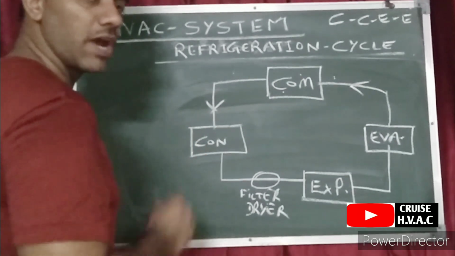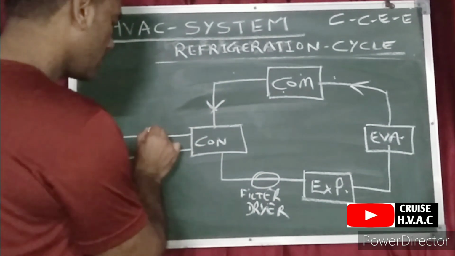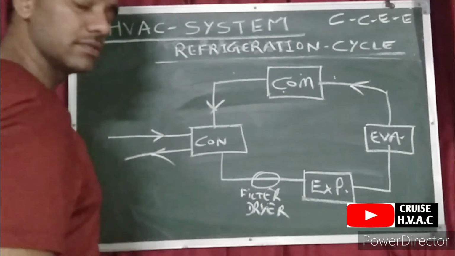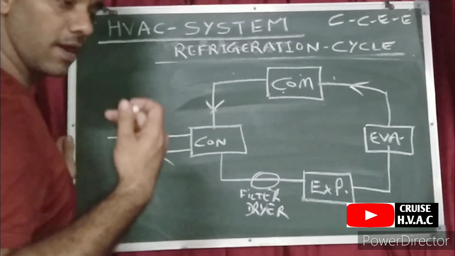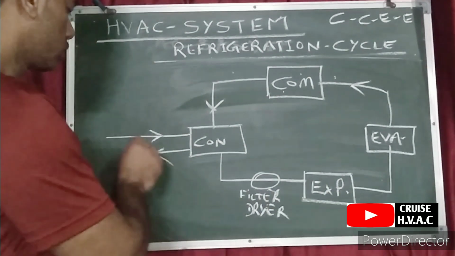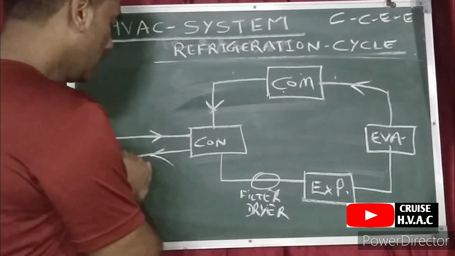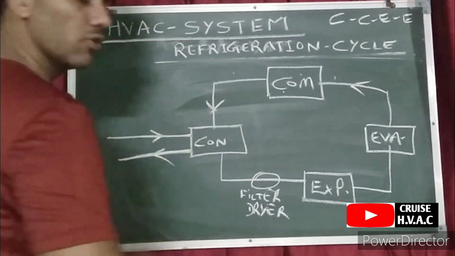So in the condenser what we do, we use water inlet and outlet. Somewhere we use air, it depends. So mostly in the system I am talking about, we use water. By the water we cool down the condenser.